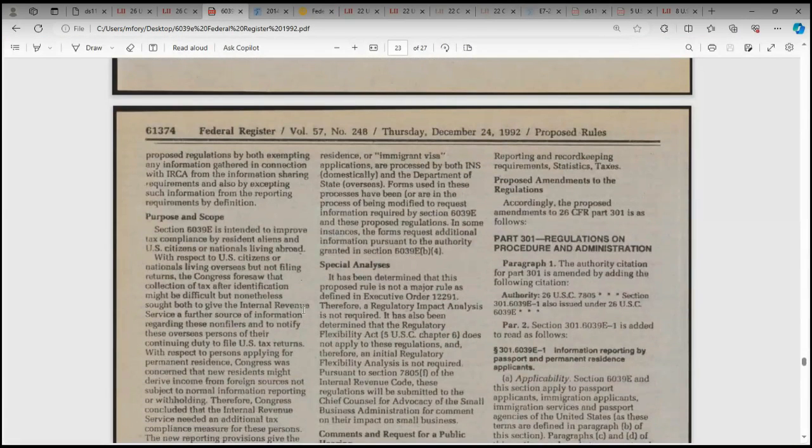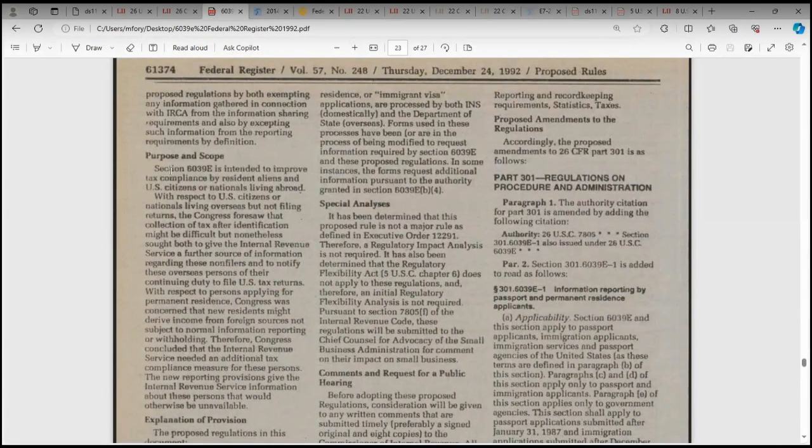So, purpose and scope. Section 6039E is intended to improve tax compliance by resident aliens and U.S. citizens or nationals living abroad. So resident here are not temporary. Resident aliens will be permanent residents. And U.S. citizens or nationals living abroad. So this applies to these three classes of persons. Under what context? You have to be living abroad.